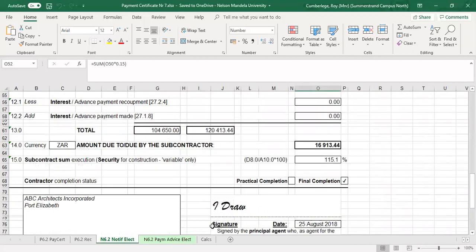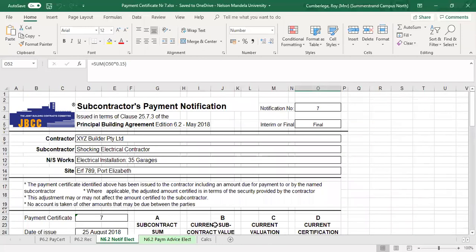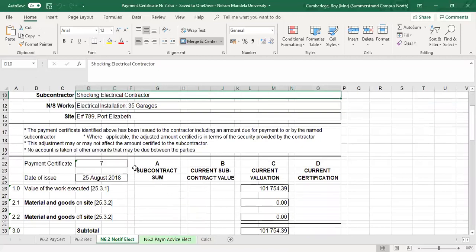The notification for payment to the nominated subcontractor, also certificate 7 final, relates to your electrical contractor. In this case, also certificate number 7, due date for payment, or rather the date of issue of certificate number 7.